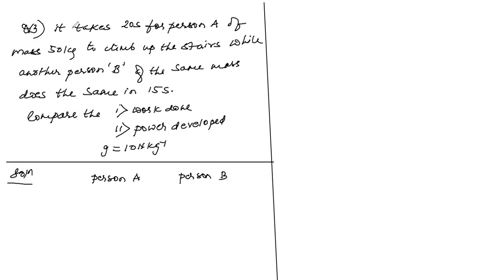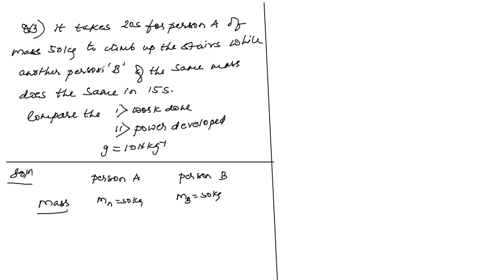Let me write the condition in short now. It takes 20 seconds for person A of mass 50 kg. What is the mass of this person A? 50 kg. Mass of A is 50 kg. And what is the mass of person B? Same mass he has, 50 kg.